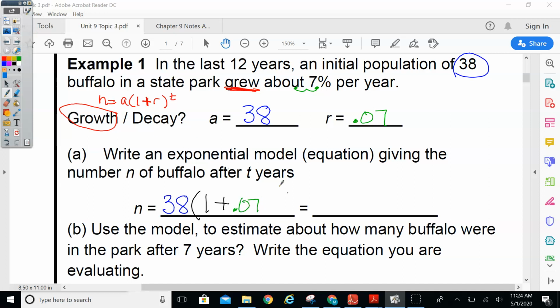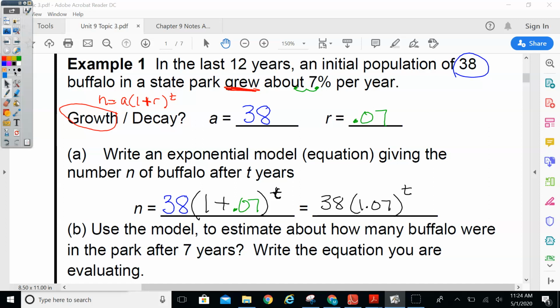And then T is time for the X variable. Okay, so if we add these together, our model is 38 times 1.07 to the T. So we're going to use this to answer part B and to answer the graph one at the bottom.